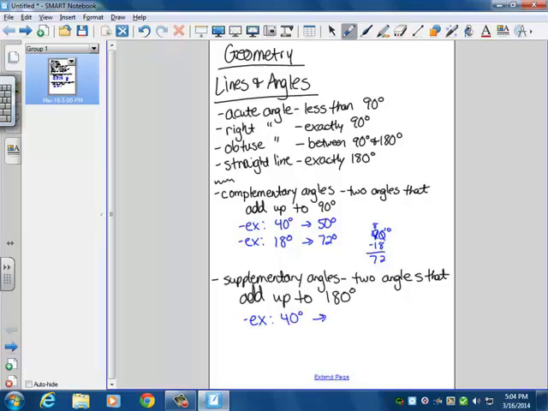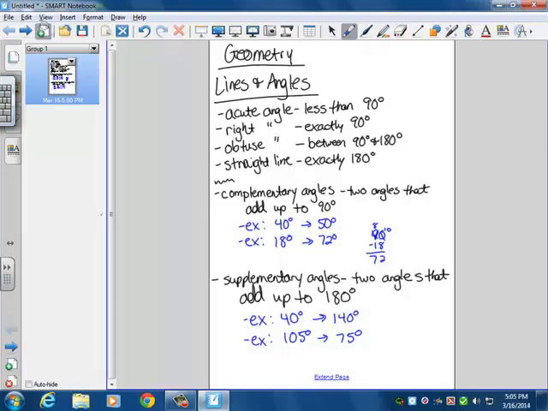Supplementary to 40 degrees would be 140 degrees, because that's what I would need to add up to 180. Okay, or how about 105 degrees? If we take 180 minus 105 degrees, we get 75 degrees. 105 and 75 add up to 180. Those are supplementary.